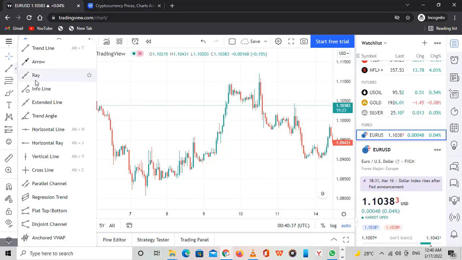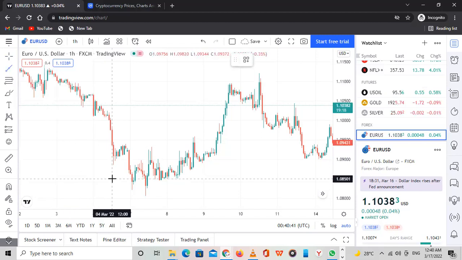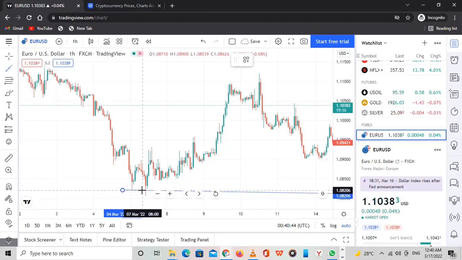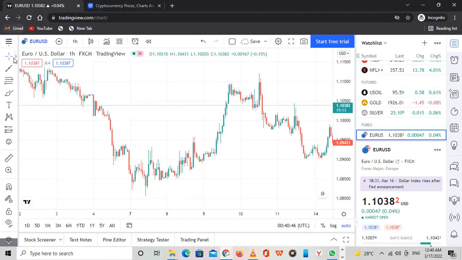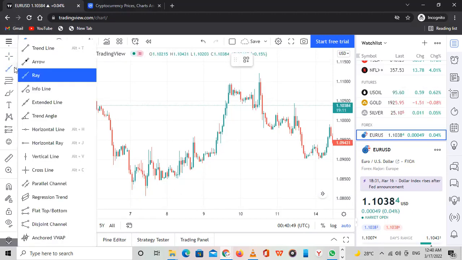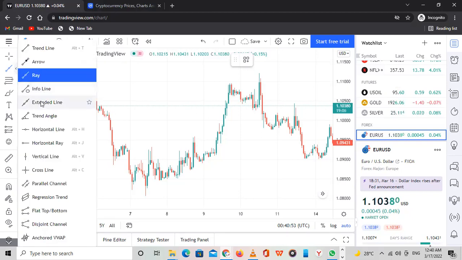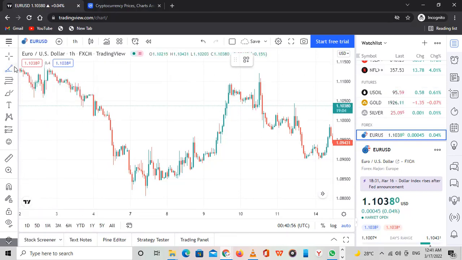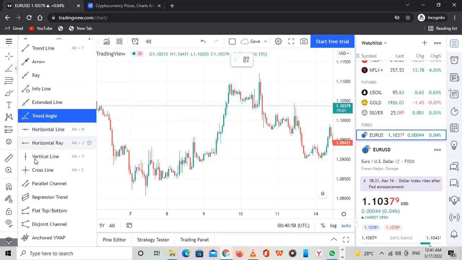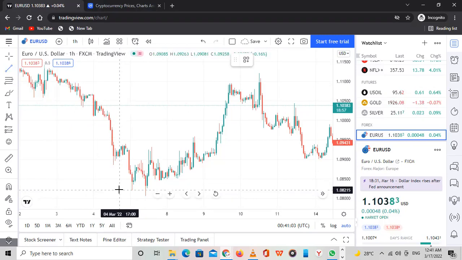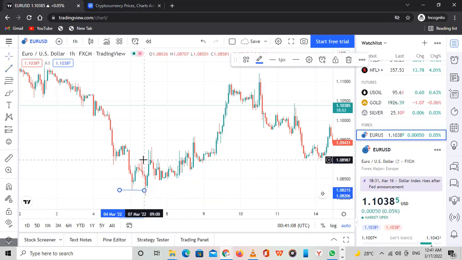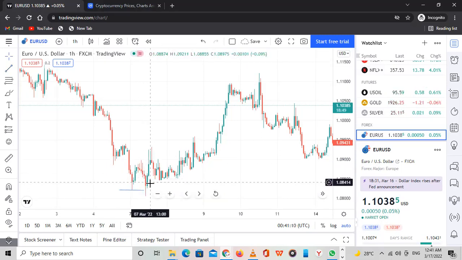We are going to identify a low. And then when we identify the low, what we will be anticipating is that we wait for the market to trade below it.